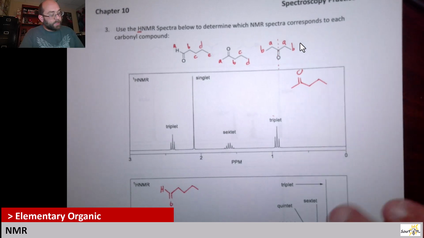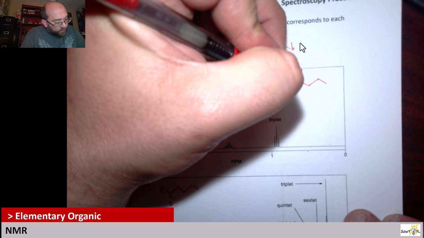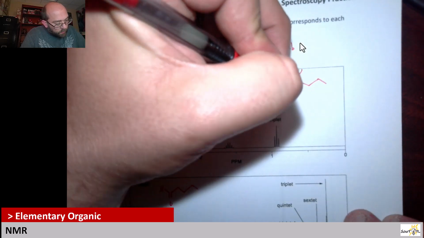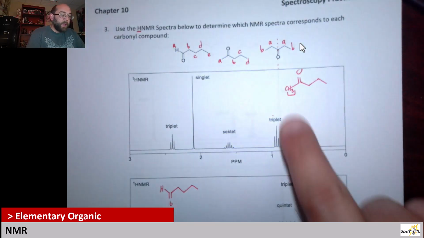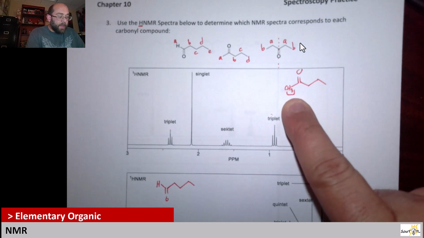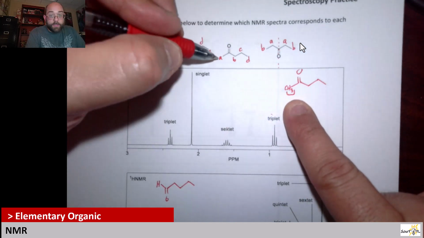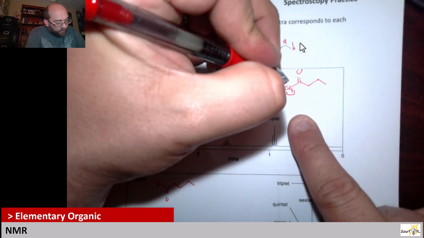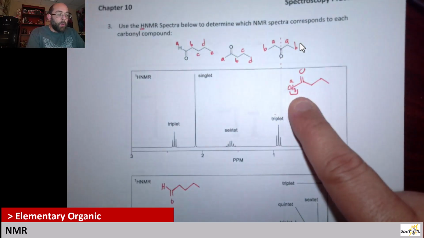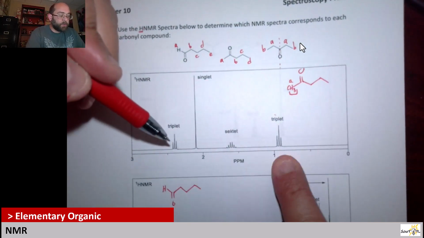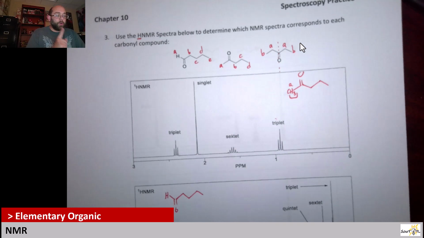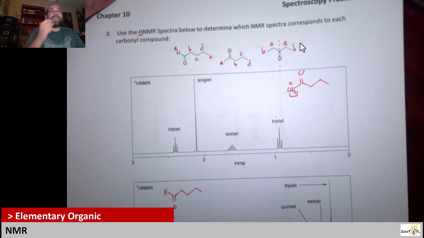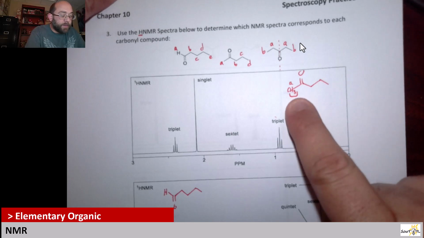I want to look at, say, these 3 hydrogens here. I'm going to label them on the same structure up here. These are my A hydrogens. When I look at those, which of these 4 signals corresponds to them? In order to figure that out, I need to look at how many neighbors those hydrogens have.